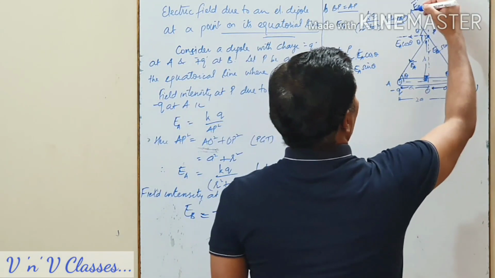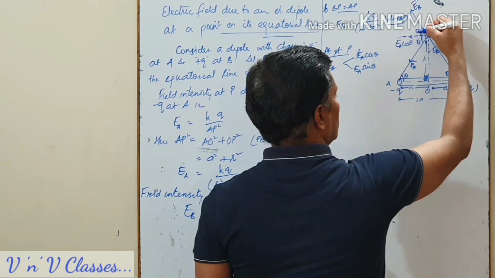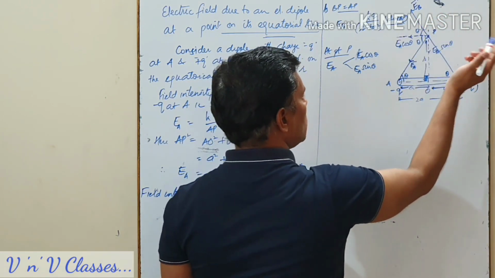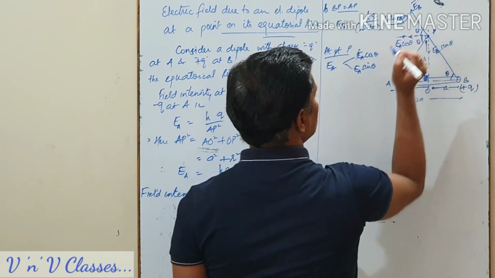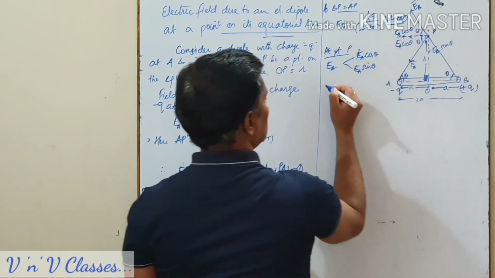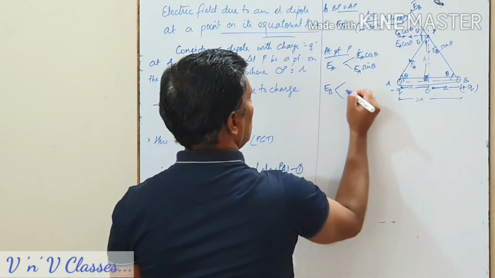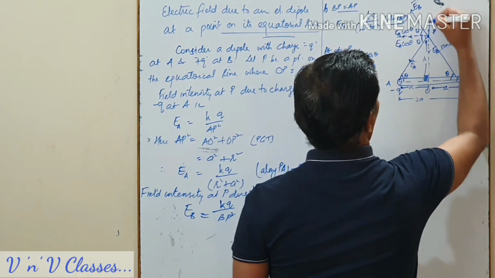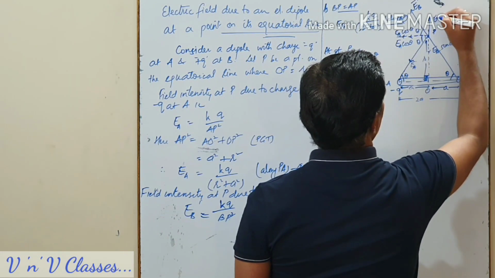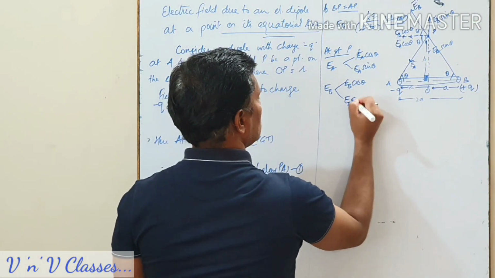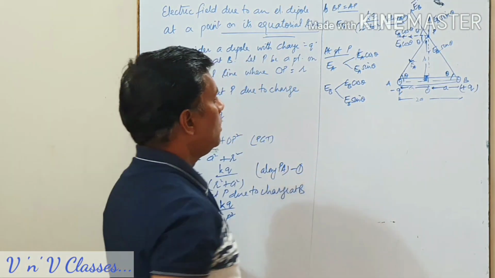Similarly, for EB, we have got this angle theta. So this vector can also be resolved into its components. This is EB cos theta. So EB also has a component EB cos theta, and another component perpendicular to this, EB sine theta.